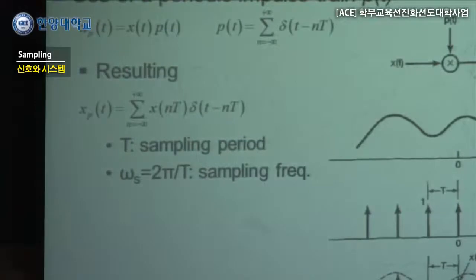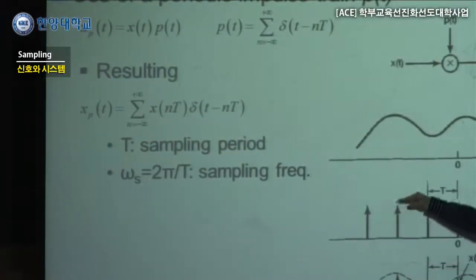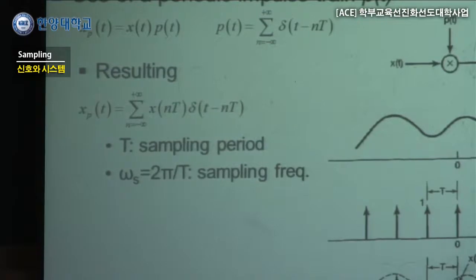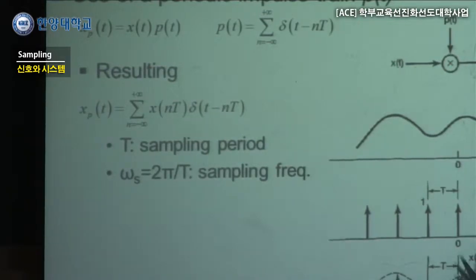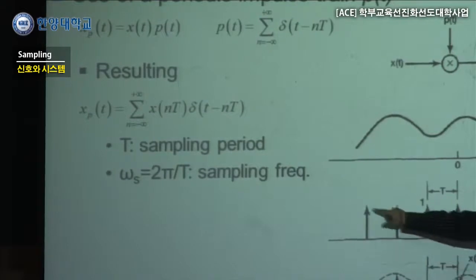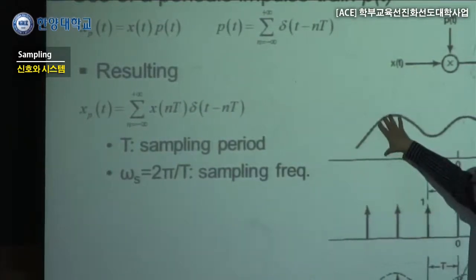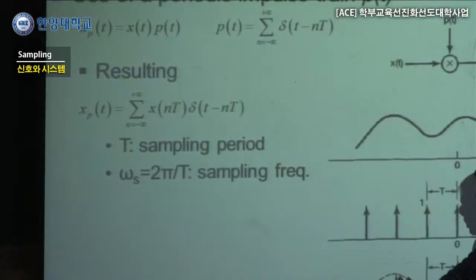This impulse train is equally spaced by T, large T, with amplitude 1. Systematically, if you multiply x by this impulse train, then this value is multiplied like this, and displayed over here.